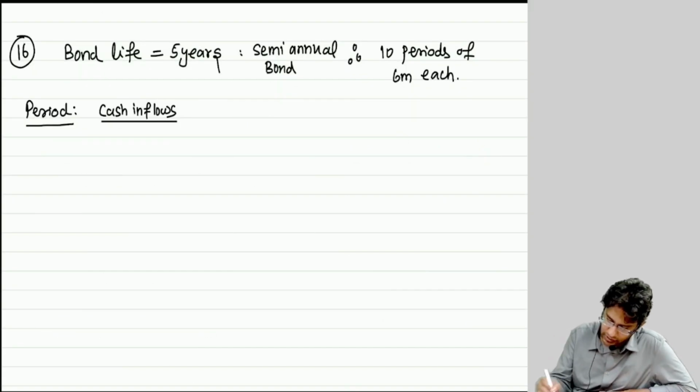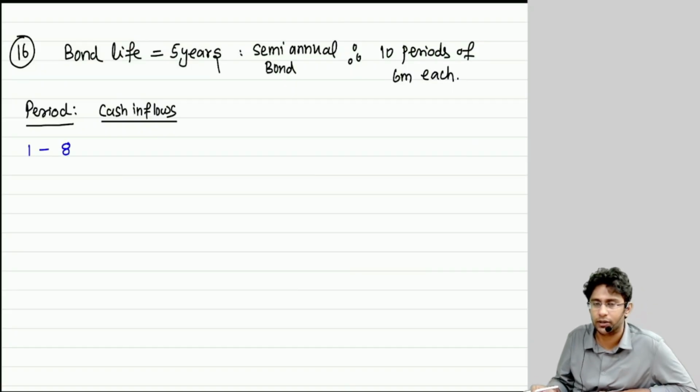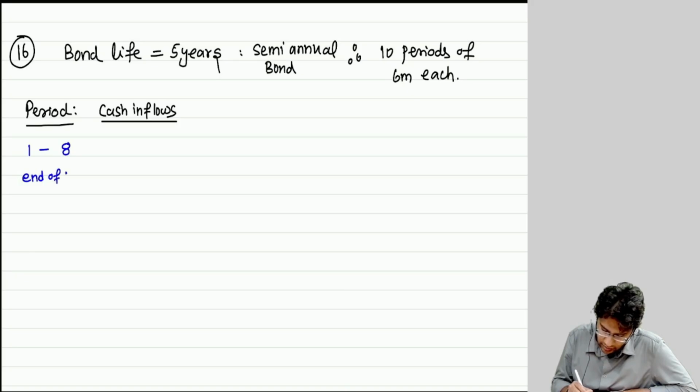Now watch this first; at once you can write. I'm writing 1 to 8. 1 to 8 means the end of which year? Good, up to the end of year 4.